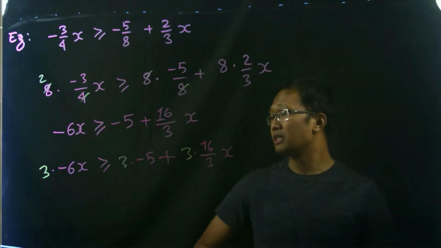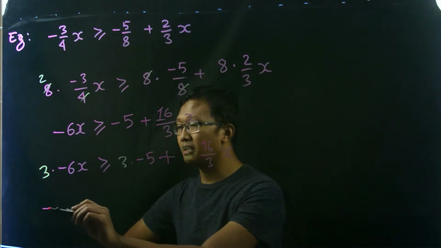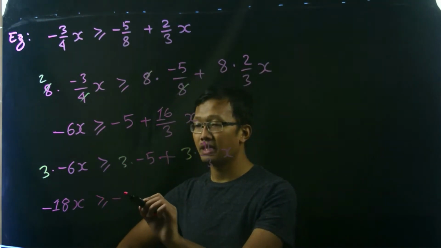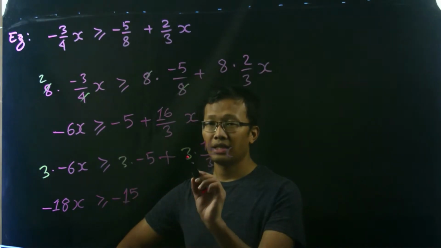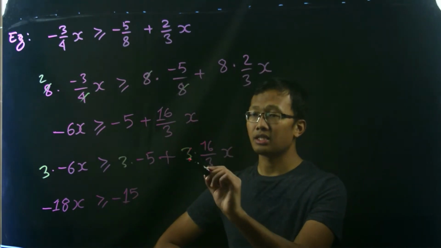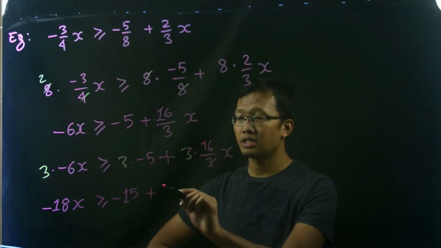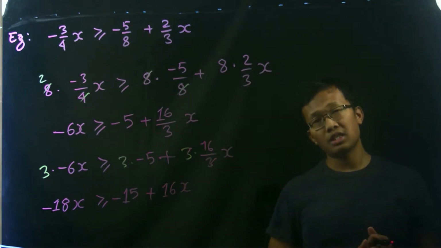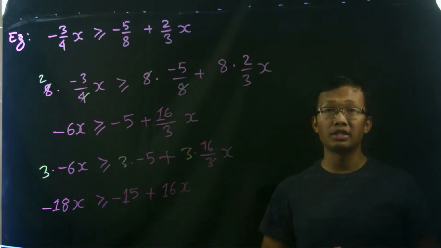Then 3 times negative 6x is negative 18x is greater than or equals 3 times negative 5, which is negative 15, plus, the 3 and 3 cancel out, so that's 16x. So we have successfully removed all the denominators.